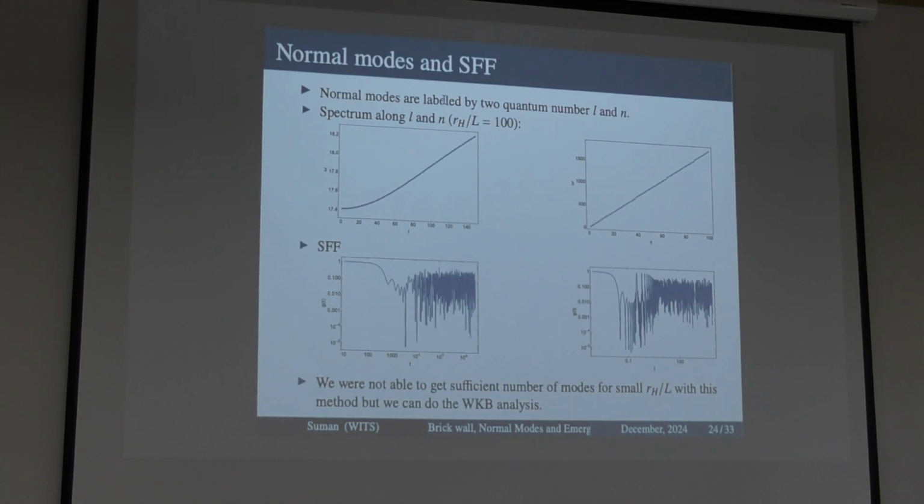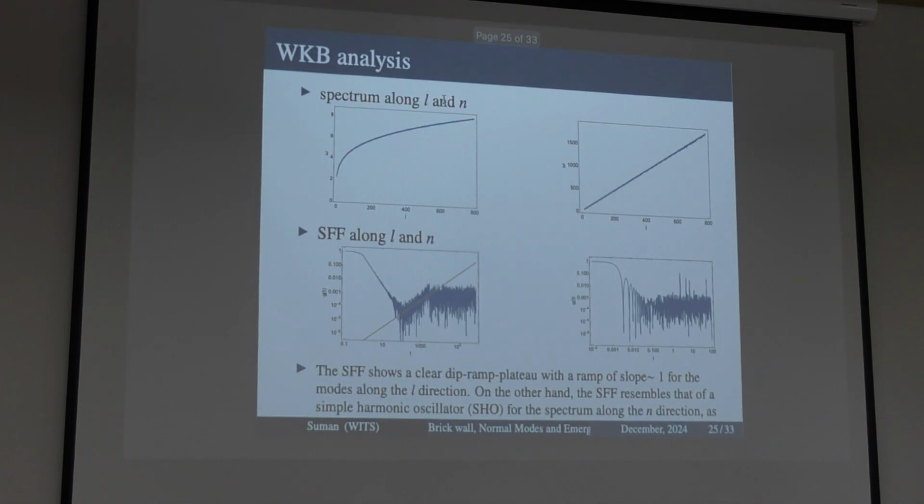But we are plotting these normal modes for large R over L because for small R over L, when R over L is order 1, our numerics is not stable enough to compute the normal modes using this Newton CFT technique. But we can do WKB analysis, and in WKB analysis we can compute the modes for R over L of order 1.